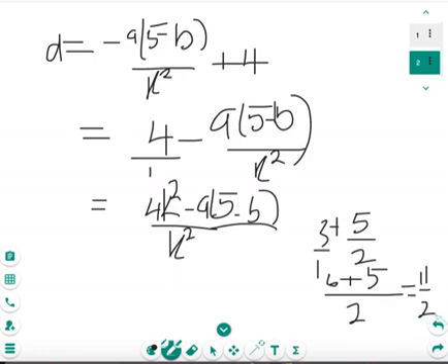Alright, then you get 5.5. In the same way, you have 4 over 1 minus A into bracket 5 minus B bracket closes over K squared. So the LCM of 1 and K squared is what? K squared.